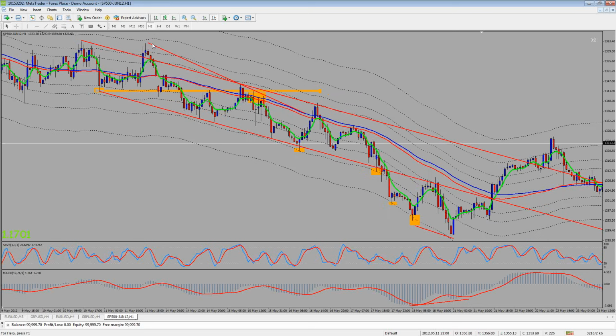In either case, if you entered short around this orange rectangle, you may find exit here or here for sure because of these combining indicators, of the lower channel line and the other indicators we spoke about.